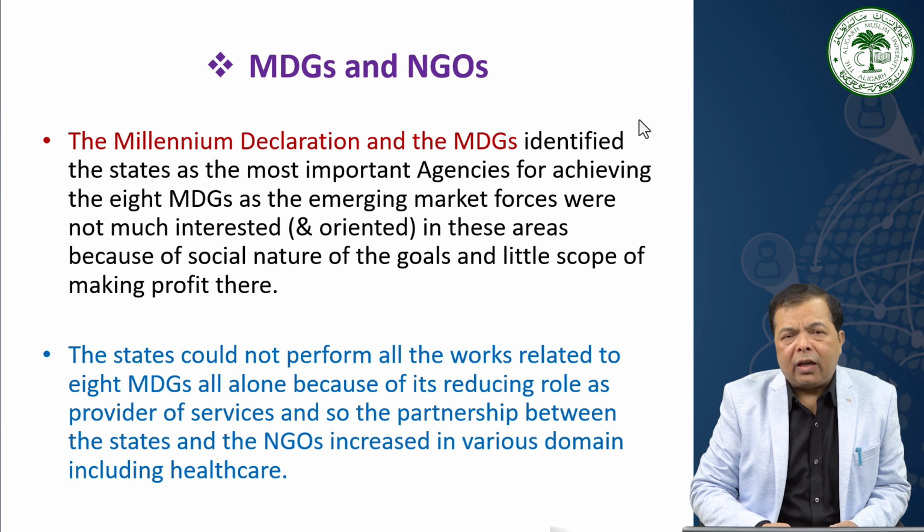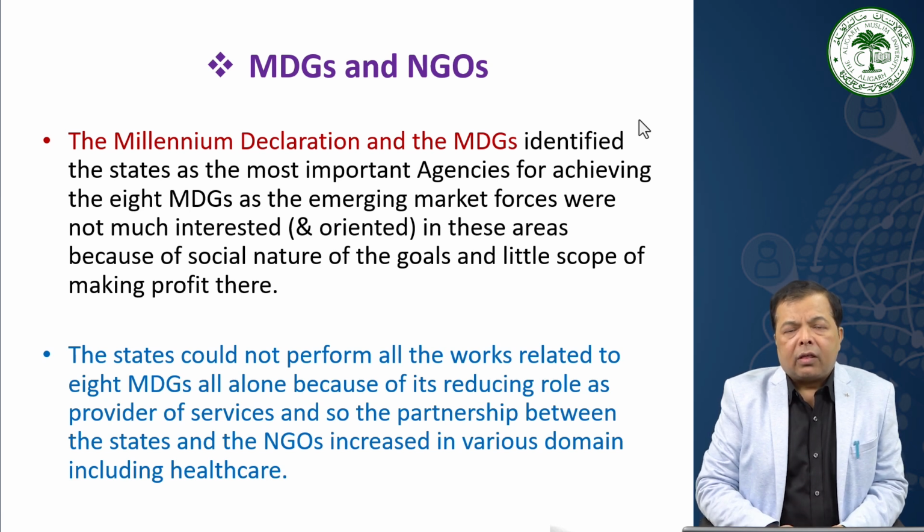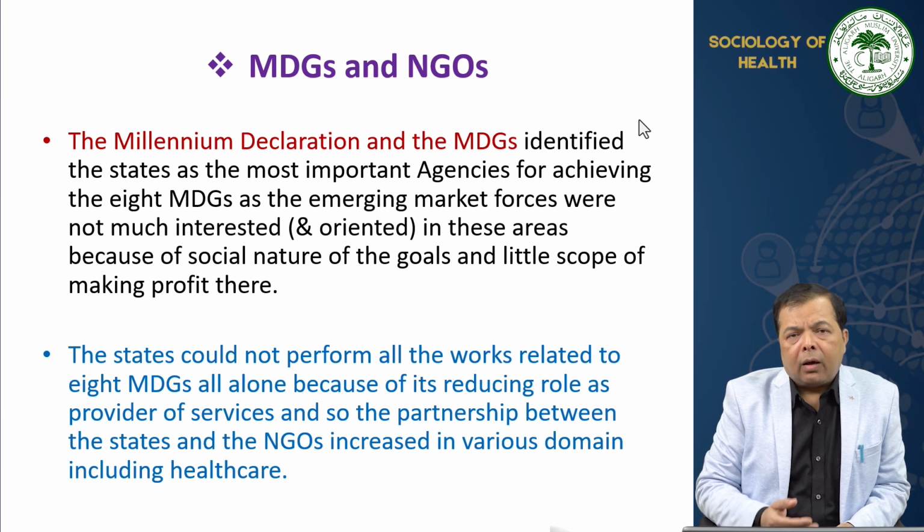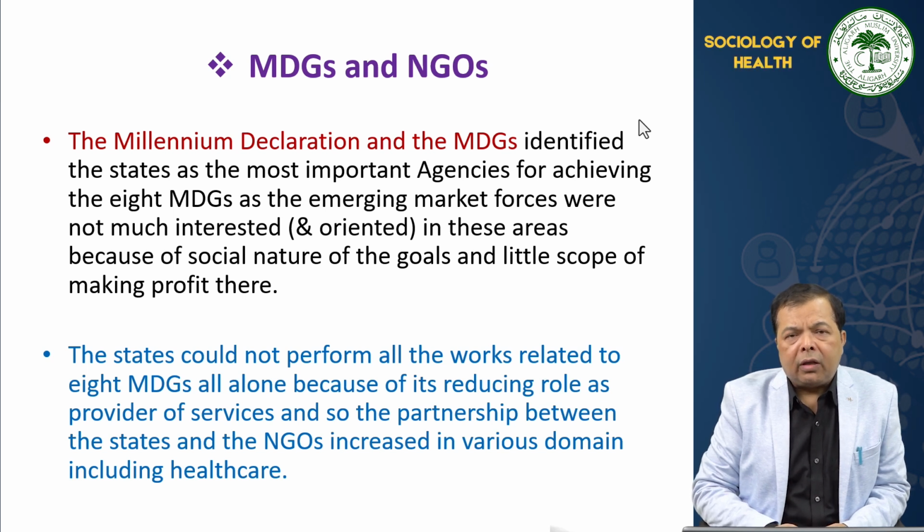So, in those areas, the government wanted NGOs to operate so that they could work as per the suggestions of the government, right? Because of that, out of the 8 Millennium Development Goals, almost every goal required some kind of support from the functioning of NGOs, not only in India but the world over, right?